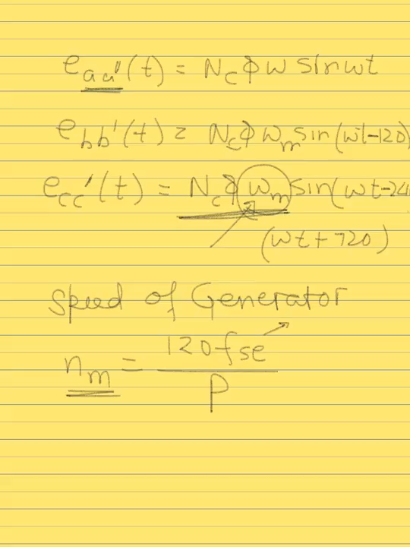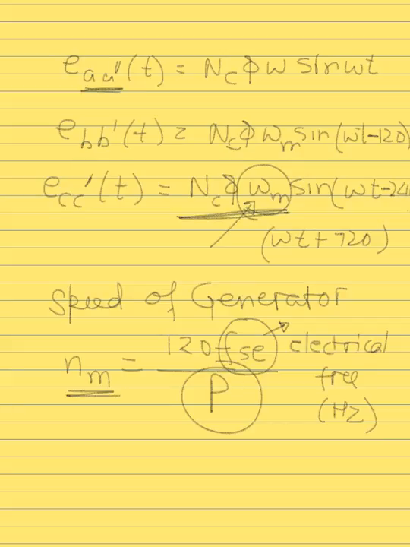Here I used omega m, which is in radians per second, but this is RPM. The frequency is the electrical frequency, the frequency of the voltage induced or produced from the generator in its stator or armature winding. So that's the electrical power frequency, and the units are hertz. And here the number of poles is what the machine is built with in order to produce the magnetic field which is rotating at this speed.